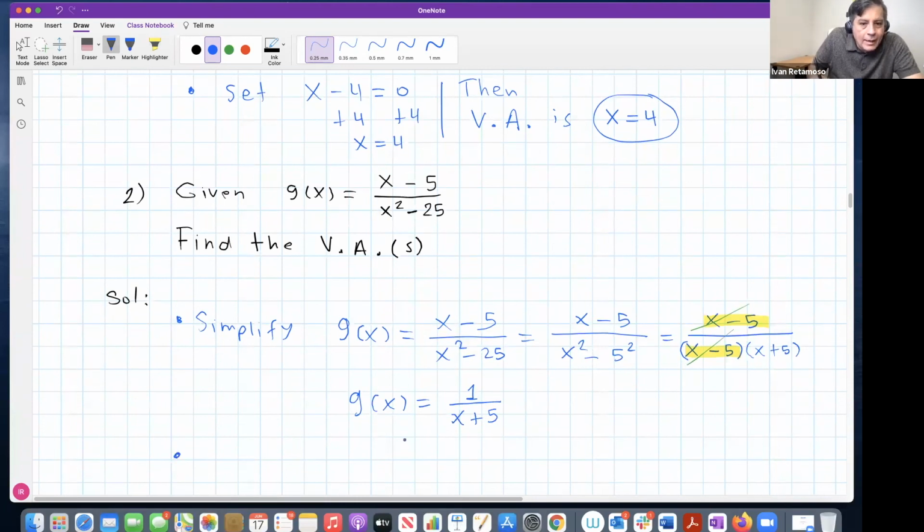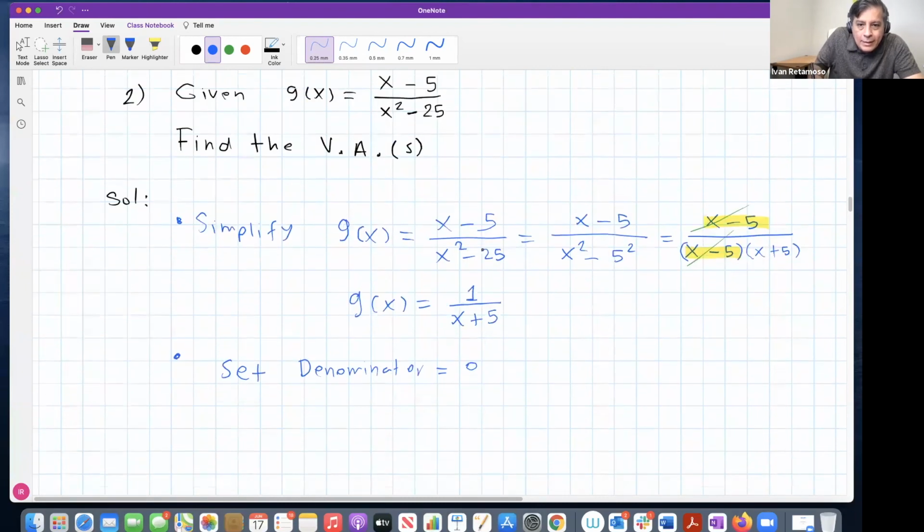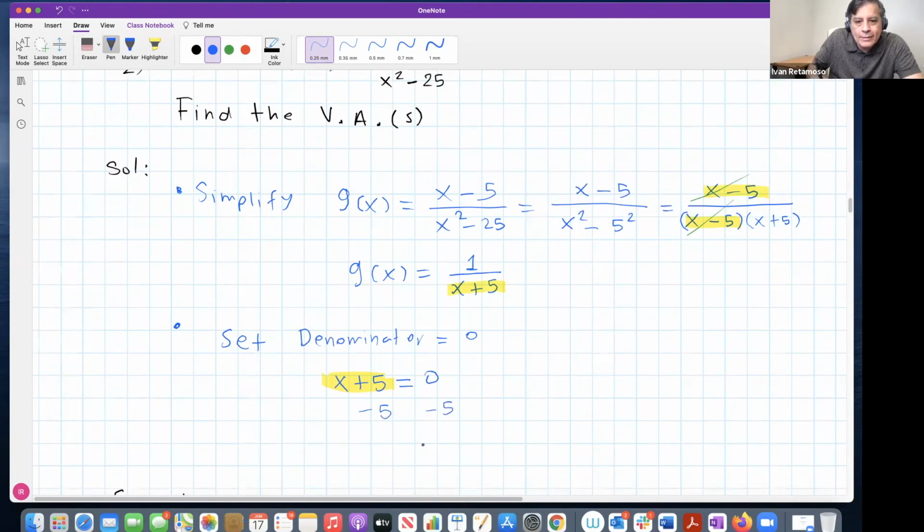For step 2, I set the denominator equal to 0. But what denominator, this or this? Well, it has to be the one that appears in the simplified version. That's why it's very important to simplify, guys, because otherwise it's going to mislead you. It's going to give you two asymptotes when in reality there is just one.